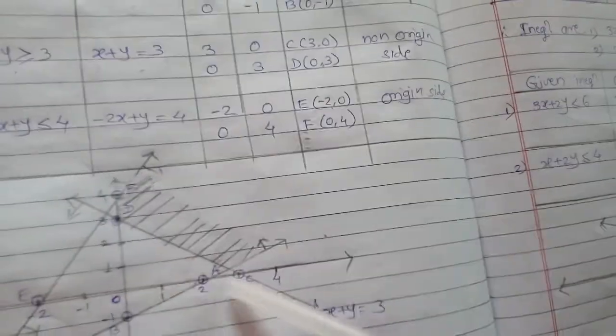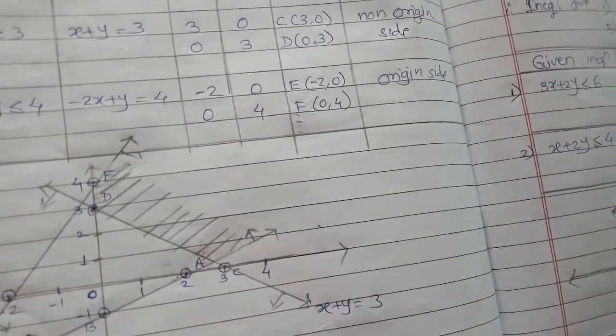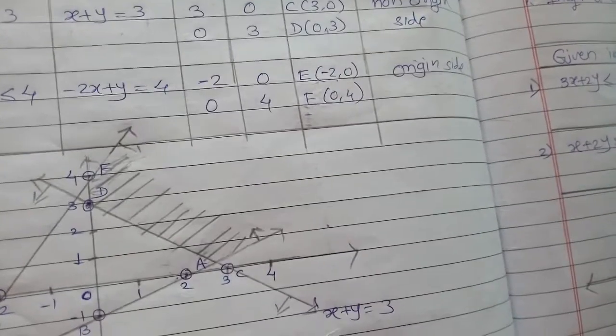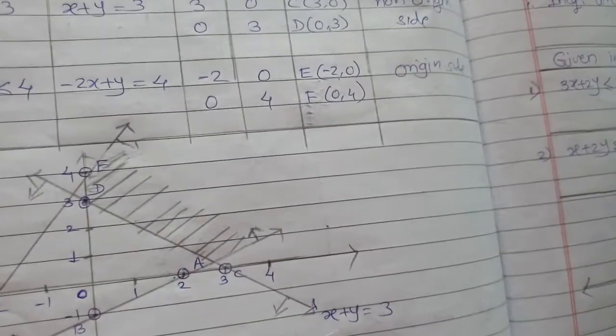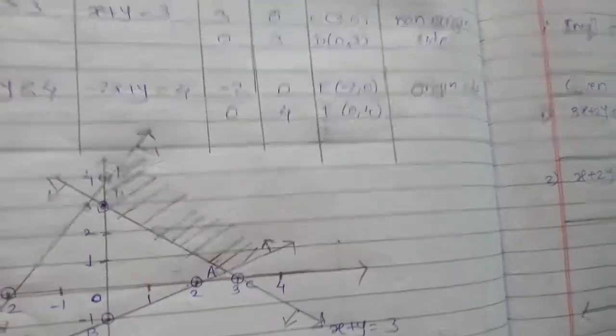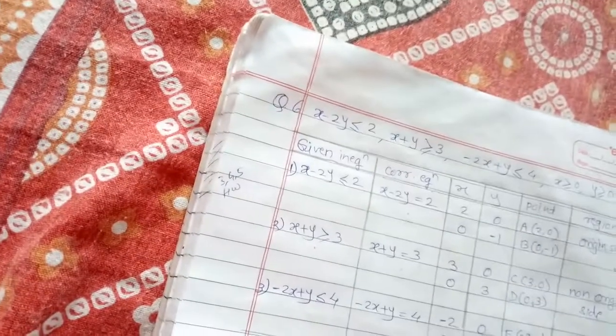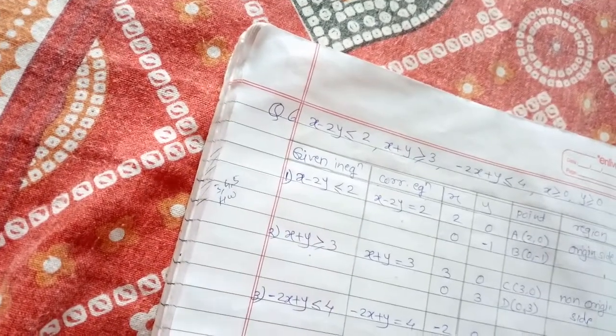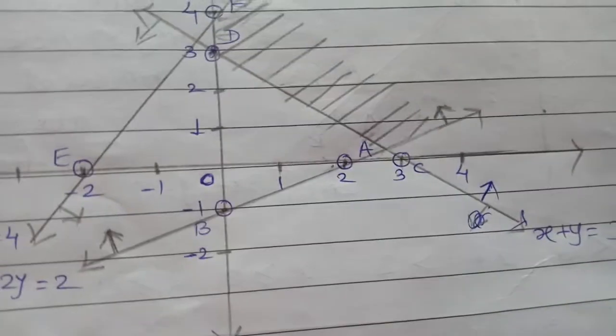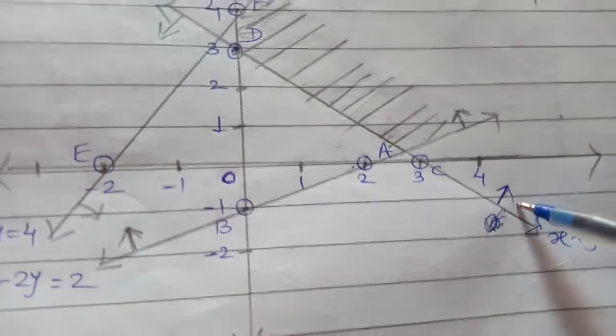The non-origin side of this CD line is given by this arrow.